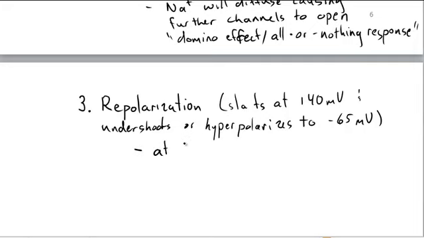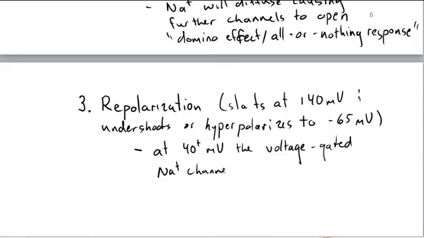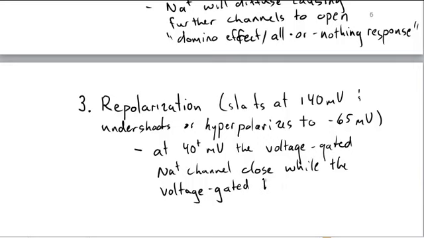So at 40 plus millivolts, the voltage gated Na plus channels close, while the voltage gated K plus channels open.